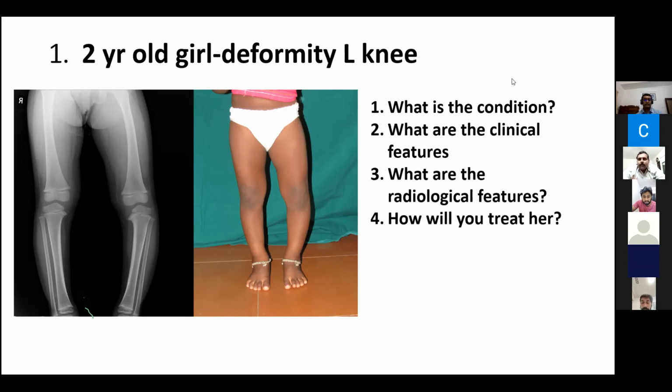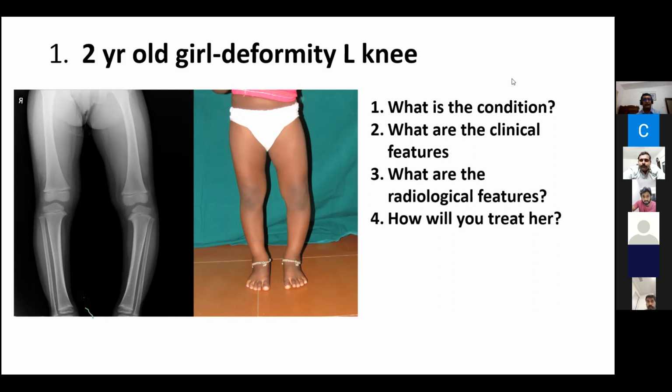We can make use of the Ceriyan curve, which is the physiological progression of varus and valgus. Till 18 months, the child should reach a neutral angle, and from 18 months till 4 years, they'll have valgus, and at 7 years they reach the normal valgus of adolescence.